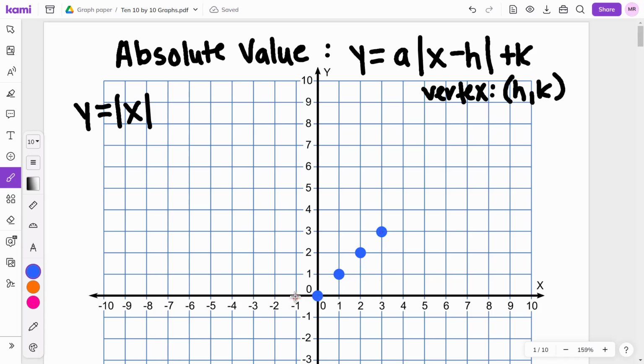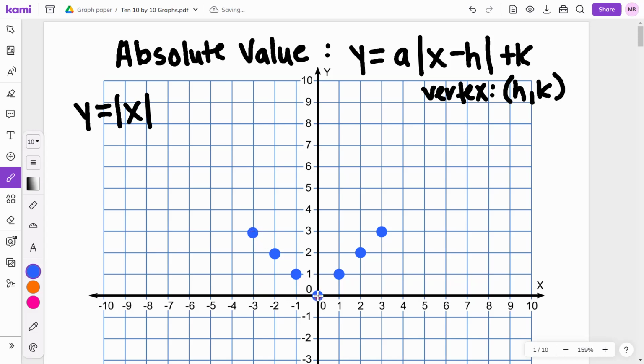Now, when I go over to -1, the absolute value of -1 is also 1, so I have a point at -1, 1. When I go over to -2, the absolute value of -2 is 2, so I have a point at -2, 2. And when I go over to -3, the absolute value of -3 is 3, so I have a point at -3, 3, and so forth.